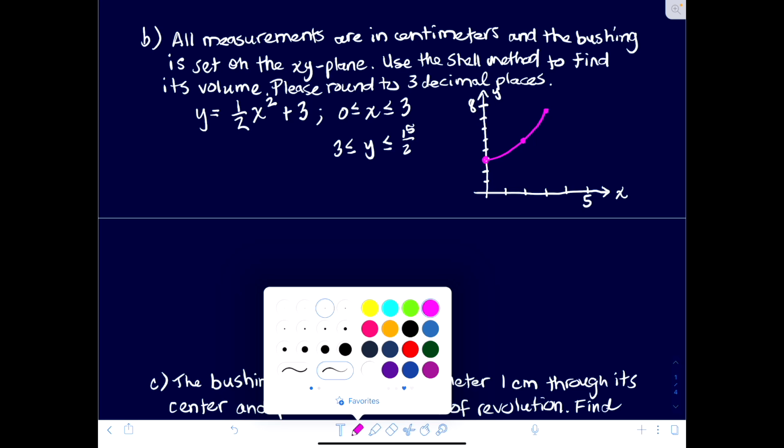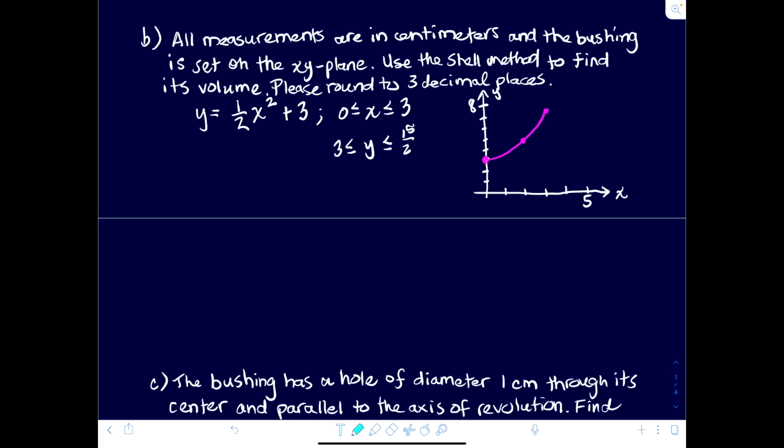So it's bound between the line y equals 15 halves and the bottom graph, and between this one here, which is x equals 0, and this one here, which is x equals 3.